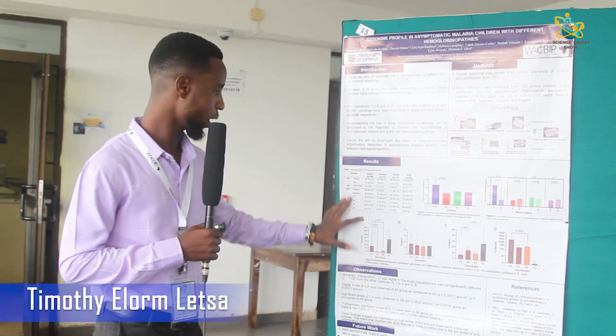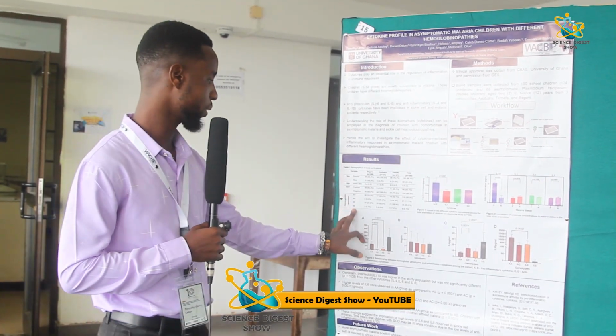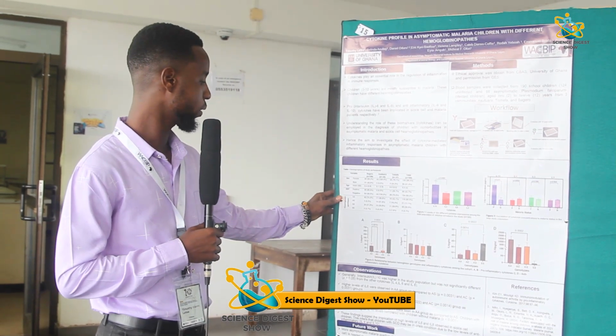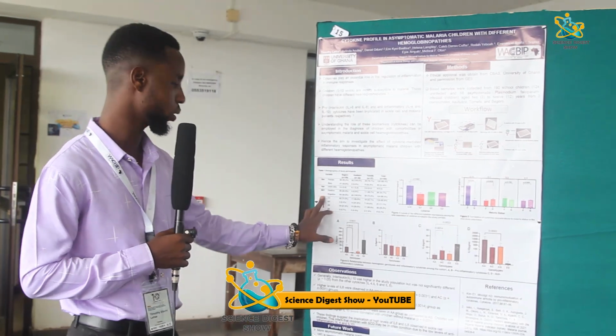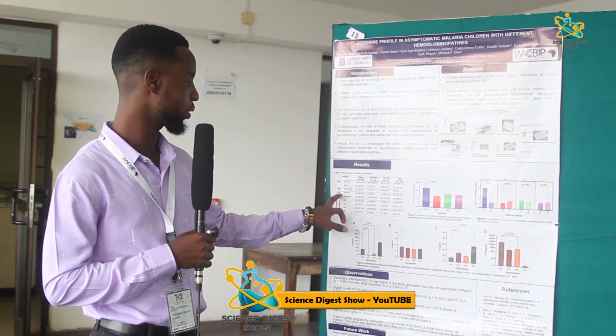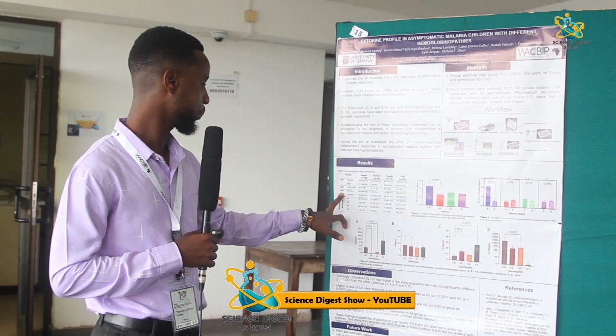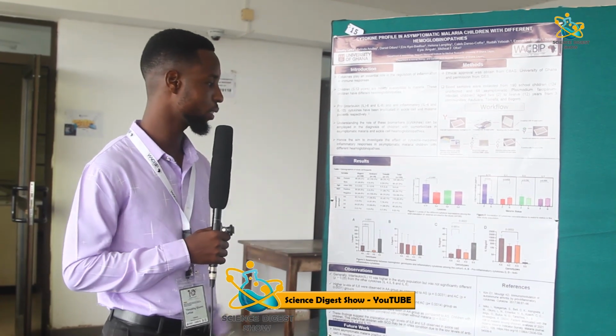These are the demographics of our participants, showing the hemoglobin genotypes, the malaria status that we measured using the RDT, and also the sex and the age of the participants.